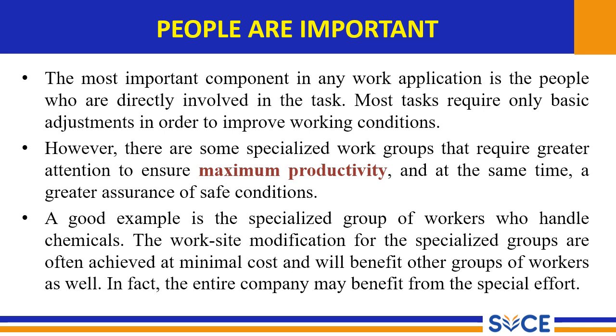A good example is a specialized group of workers who can handle chemicals. The worksite modification for specialized groups is often achieved at minimal cost, and it will benefit other groups of workers as well. In fact, the entire company may benefit from the special effort. It means that you can bring specialized workers in order to handle specialized chemicals.